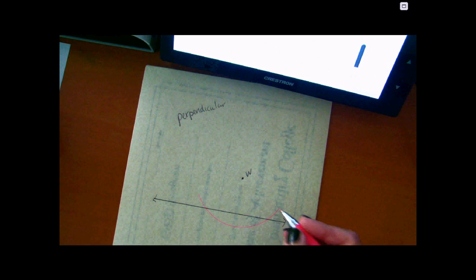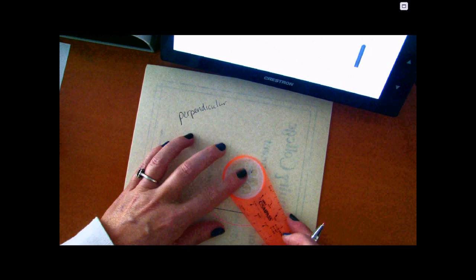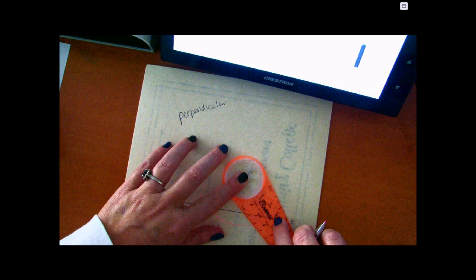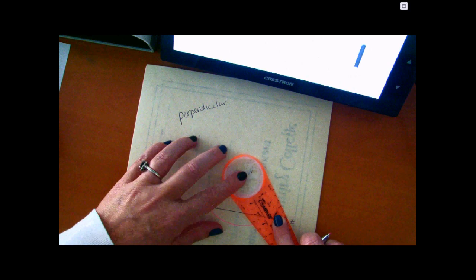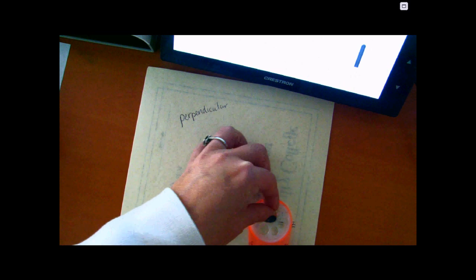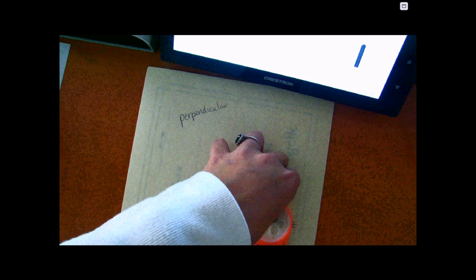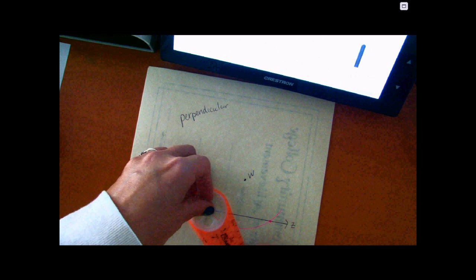Okay, so now I have these two points. And the distance I used was this two pi circle. So I want to use that one again. And I come in from that point and from this point.